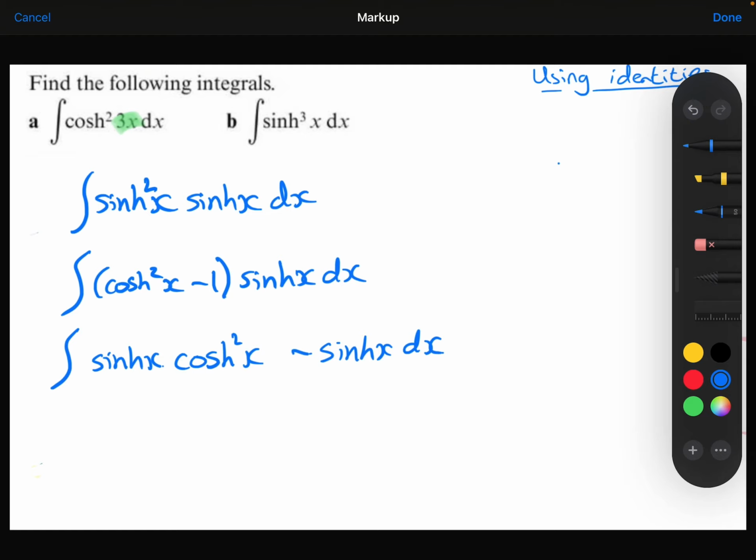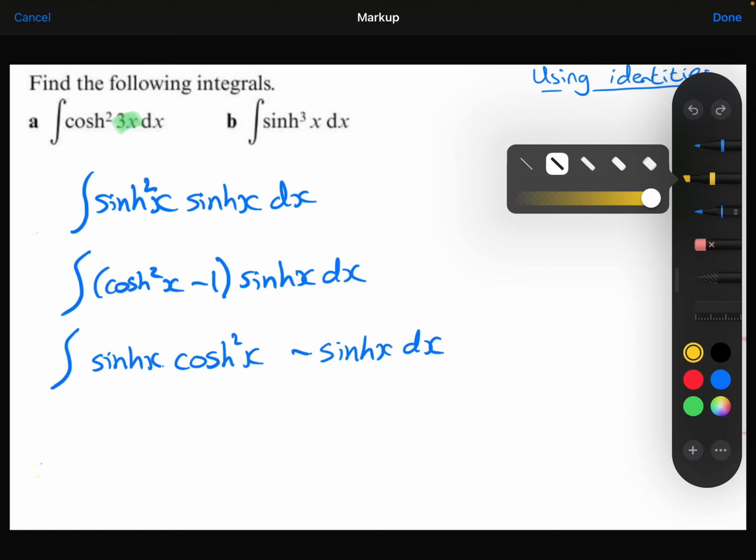Now you might think, oh my goodness, you've taken something that was nice and simple and made it much harder. And I've made it much longer, but I've made it much easier to integrate. Because first of all, the sinh is going to integrate to cosh really nicely. And notice over here we have our good friend of spotting a derivative. The inside here is cosh, and that differentiates to be sinh.